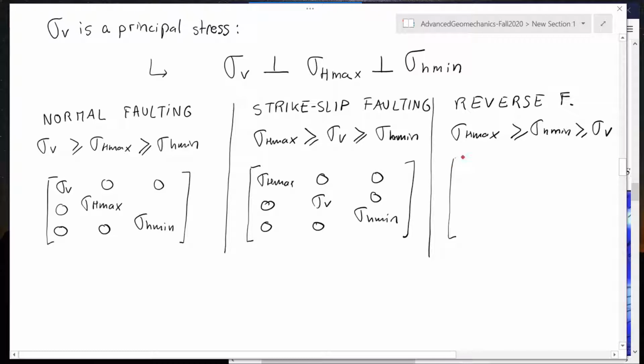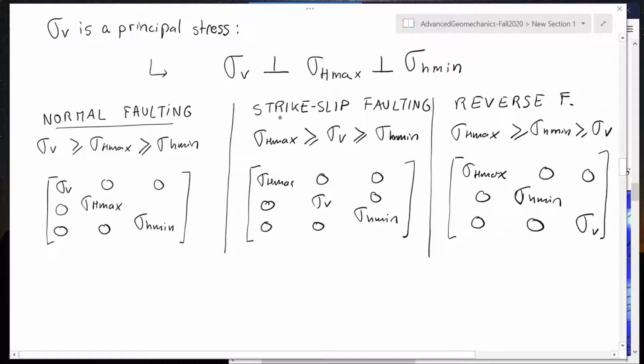And the stress tensor will be written like this. All right. These are the three possible cases that we can find in the subsurface.